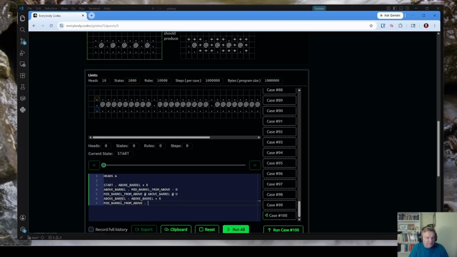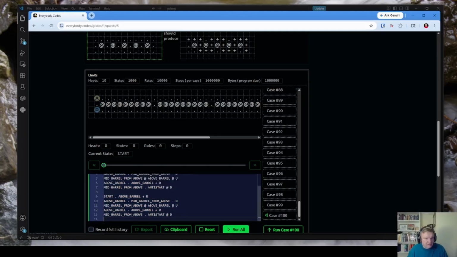Dot becomes anti-start at down. Anti-start below barrel.